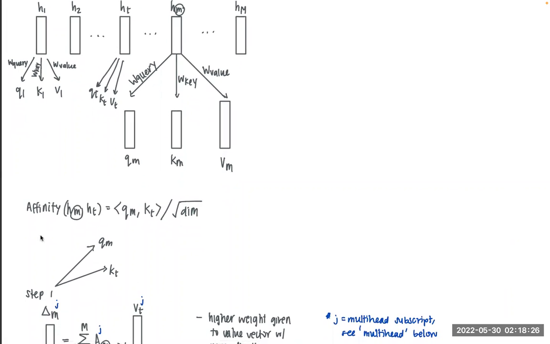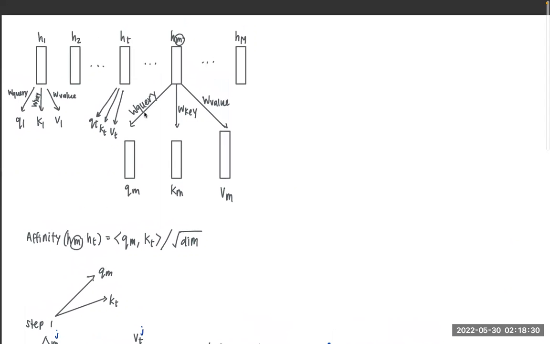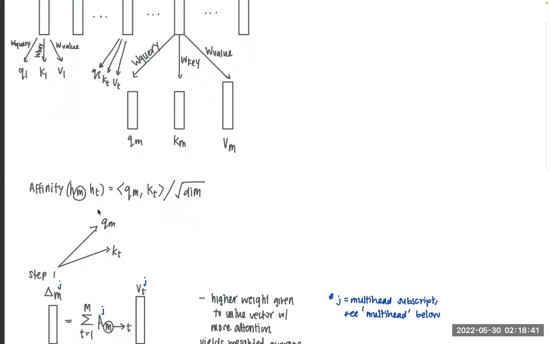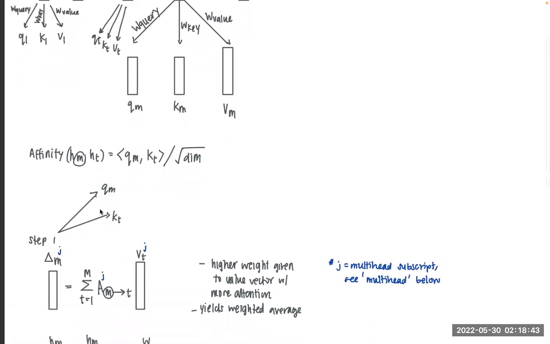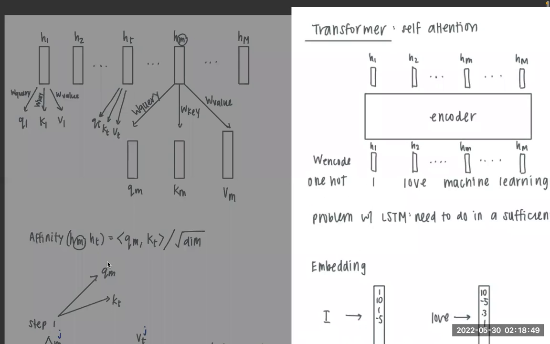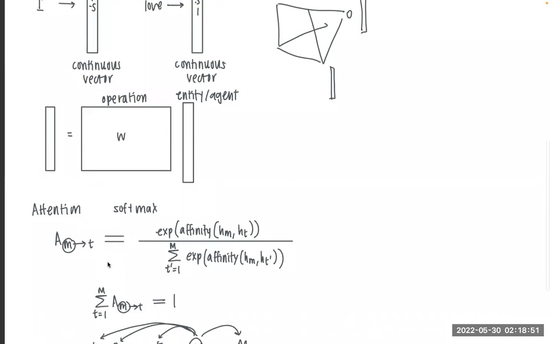Okay, so this is affinity. After you compute this affinity based on this mechanism, where you extract those vectors using the matrices to be learned, you can then compute this attention using the softmax, just like here.